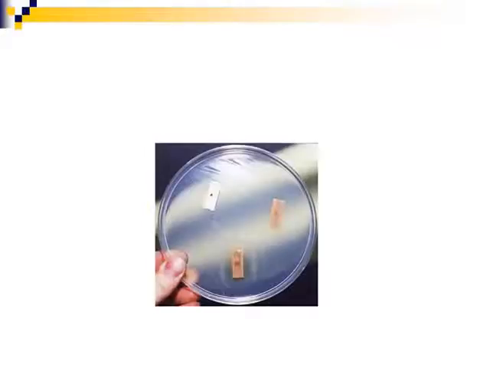If it requires V factor only, it will grow around the V factor, and it will probably grow around the X and V because there's V there. But an organism that requires both X and V factor, like our pathogen Haemophilus influenzae, is only going to grow around the disc that has both X and V in it.